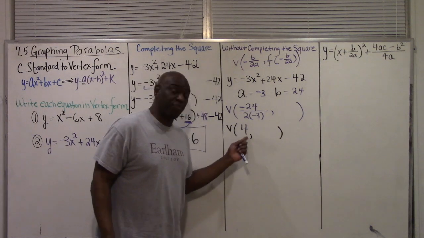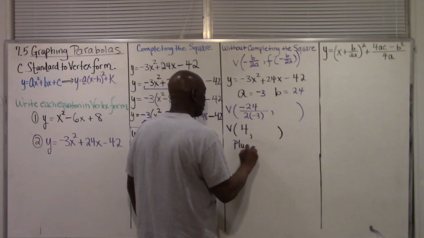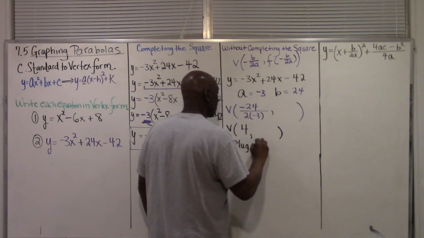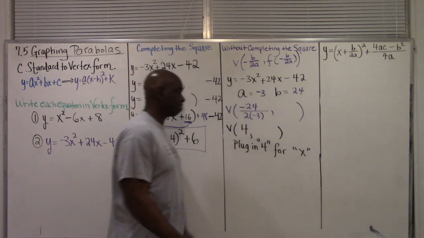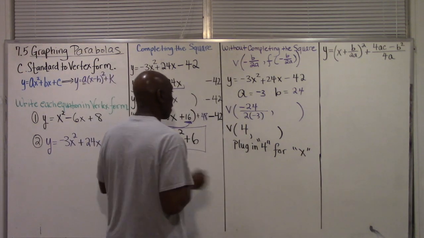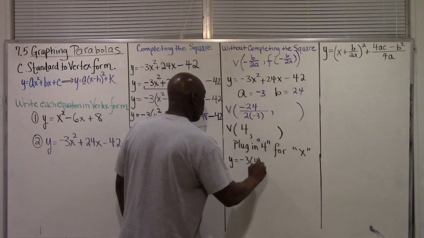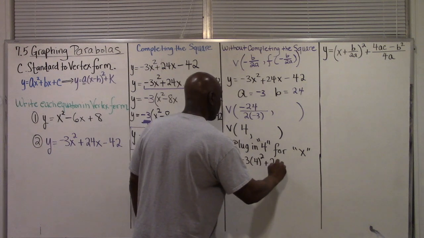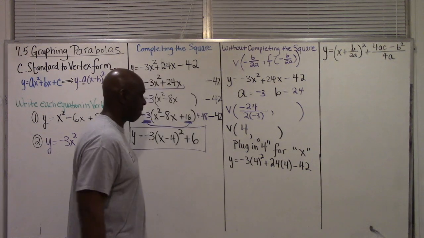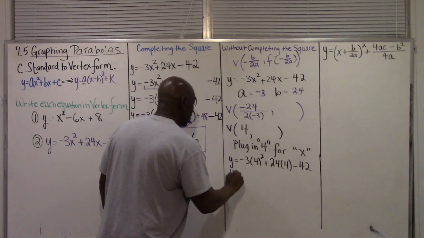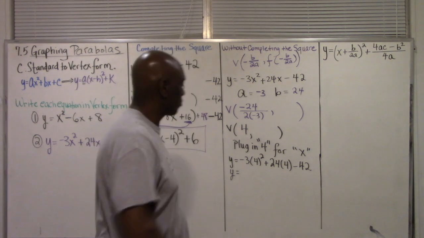Now, plug in 4 for x. Let's do that. So y equals negative 3 times 4 squared plus 24 times 4 minus 42. Y equals, at this stage, be very careful with your arithmetic, order of operations.